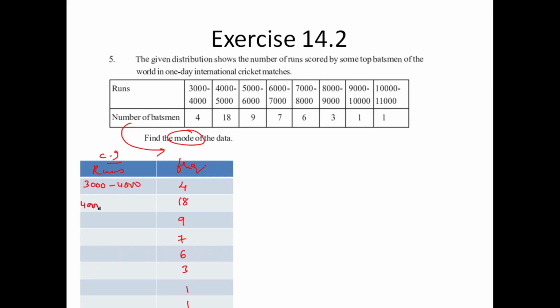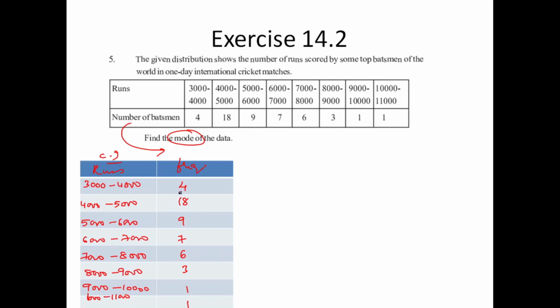Here also 4,000 to 5,000, 5,000 to 6,000, 6,000 to 7,000, 7,000 to 8,000, 8,000 to 9,000, 9,000 to 10,000. The last one over here will be 10.